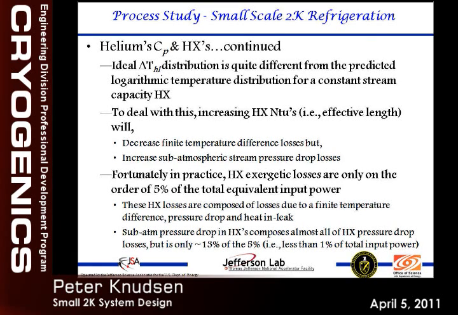But fortunately, this pressure drop loss in the heat exchanger, although it does affect the vacuum pump size that you have to have, does not have a very significant effect on the power loss due to the pressure drop.